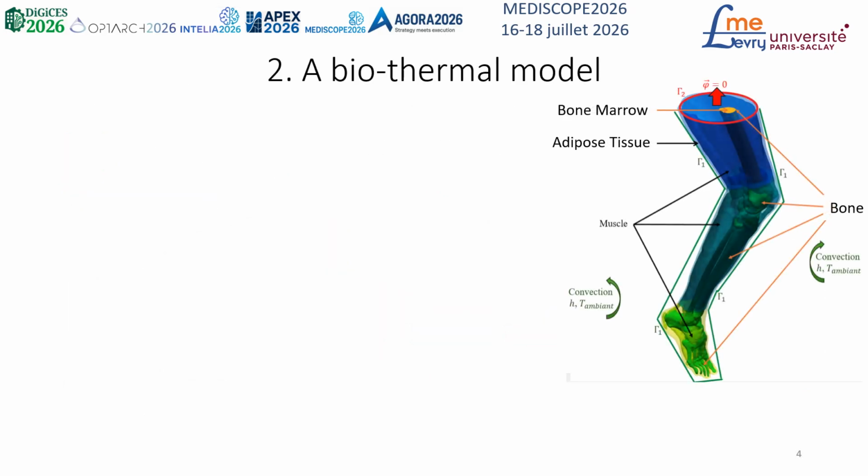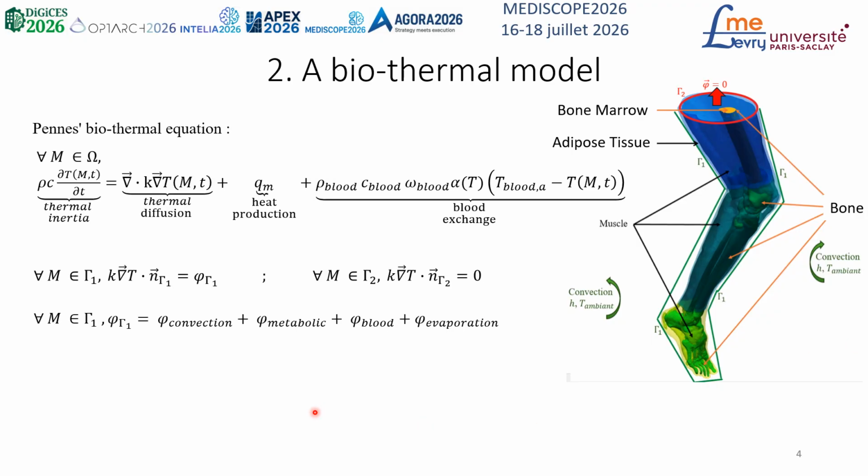The adaptation of the heat equation to human biology is the Pennes equation. We can write it for any domain omega with the form below. We have the inertia term, thermal diffusion, and heat production, which could be the metabolic heat production in the domain.